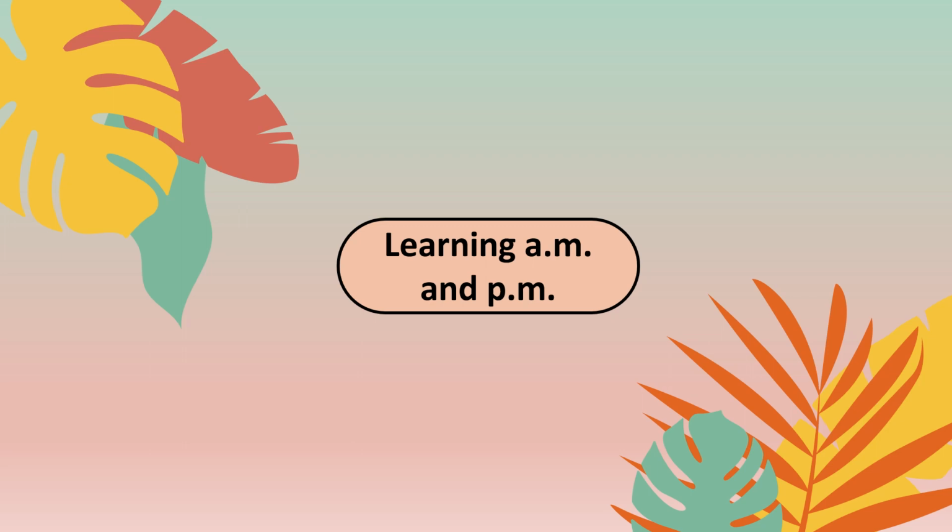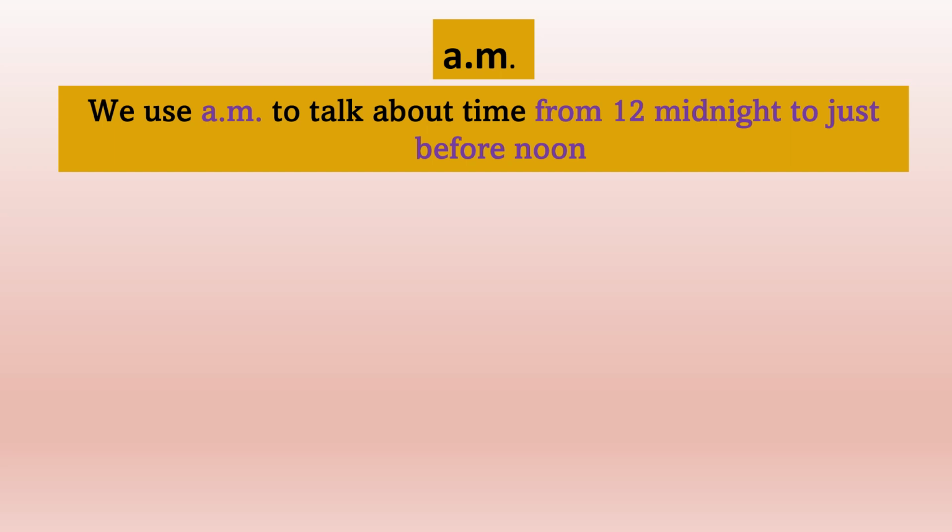Now we're going to learn AM and PM. What is AM and what is PM? AM is when we talk about time from 12 midnight to just before noon. From the midnight, through the morning, until before noon.